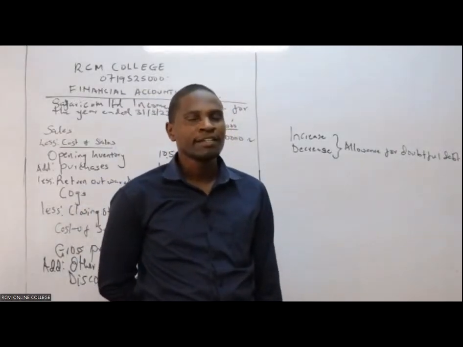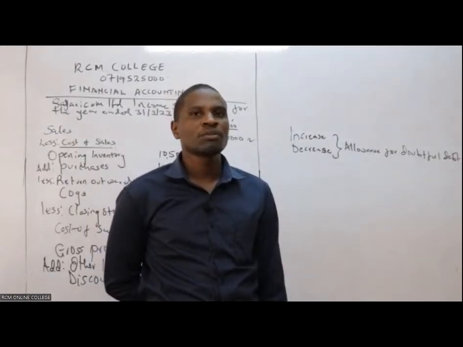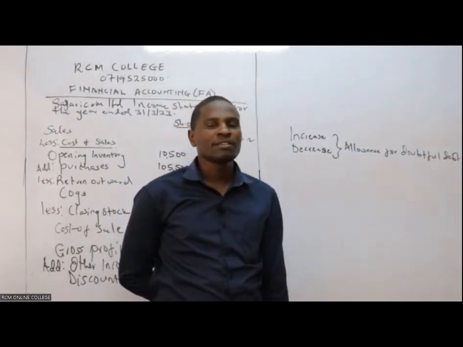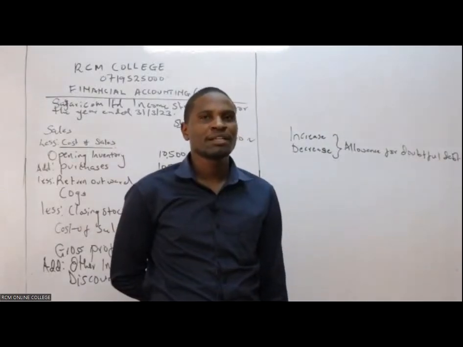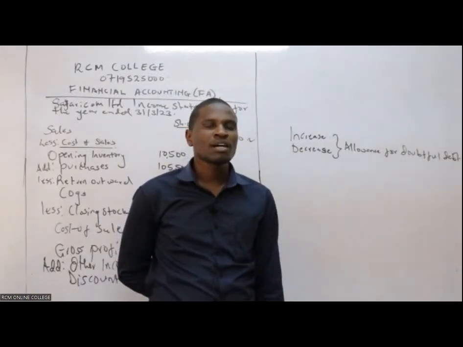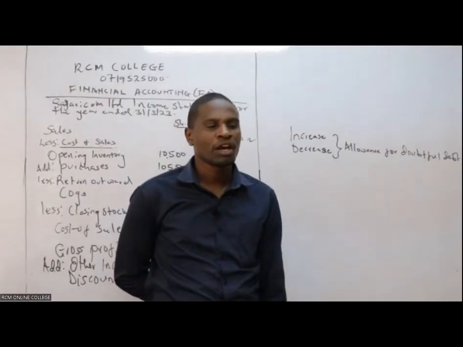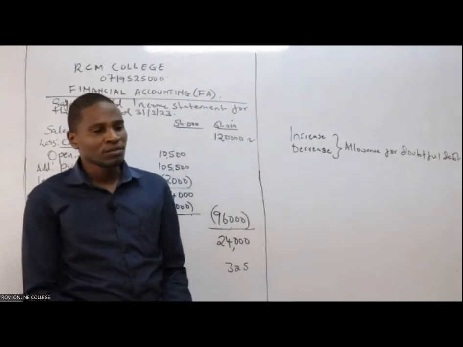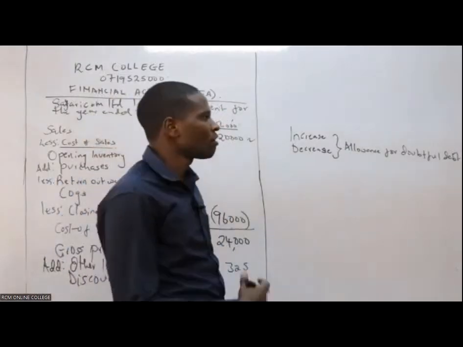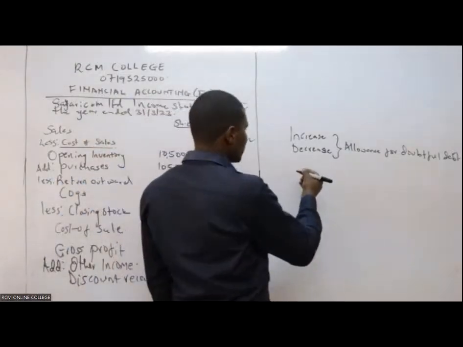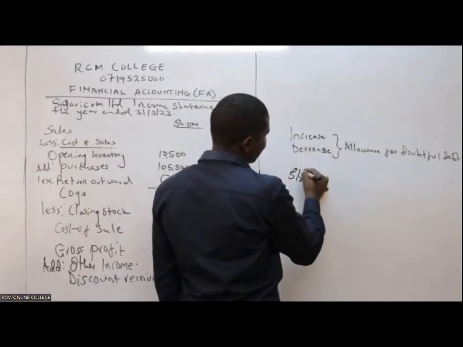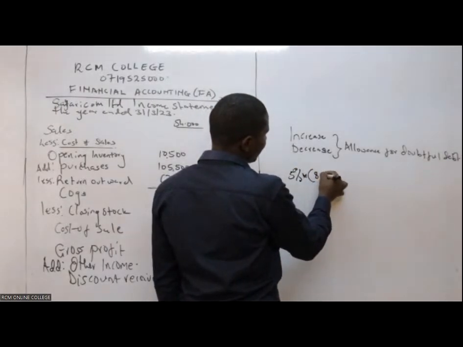Decrease in allowance for doubtful debt is an income, whereas an increase in allowance for doubtful debt is an expense. If I look at the trial balance, the examiner had given me the allowance for doubtful debt. So I now have to compute the 5%, the given 5% of, I can see 8250.